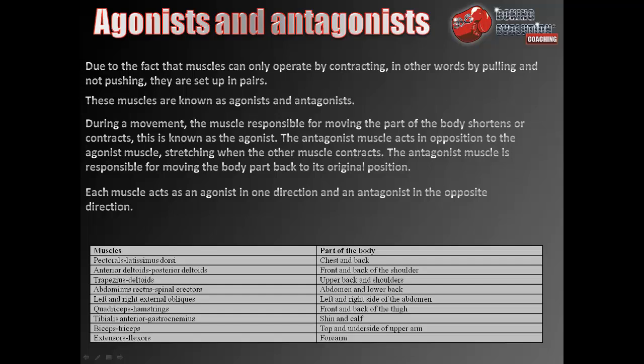Here is a table of agonists and antagonists, which basically has the muscle name and the part of the body.